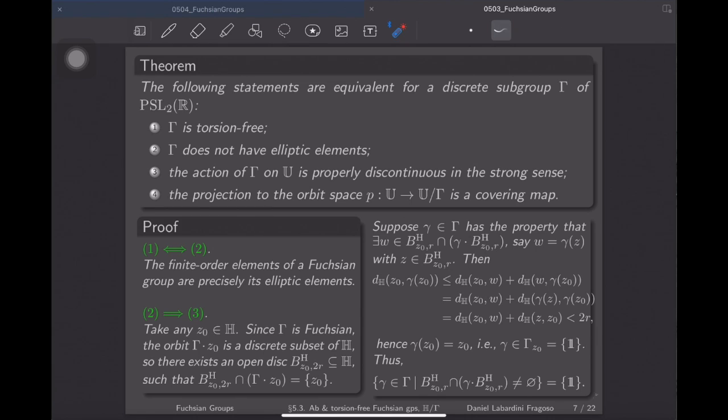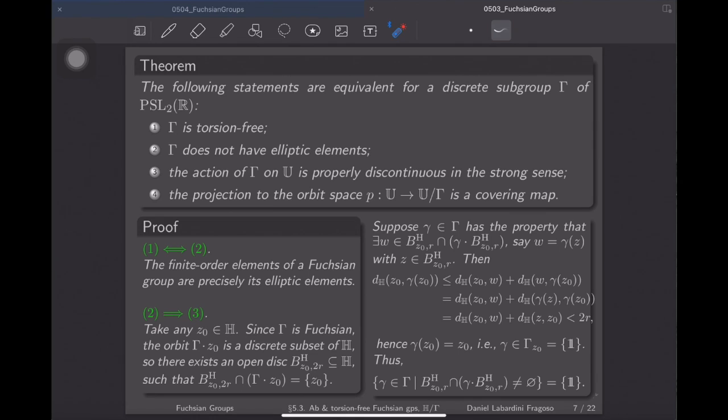And then we had seen that the discrete subgroups of PSL2R really correspond to those subgroups whose associated action on the hyperbolic plane is properly discontinuous, but in the weak sense.